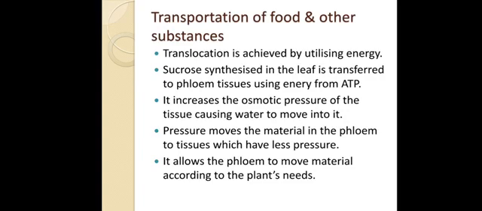It is energy from ATP. Okay, I think you can picturize the things, the diagram which we have read and understood just now. So bring all those pictures and diagrams to your mind. Sucrose synthesized in the leaf is transferred to the phloem tissues using energy from ATP.